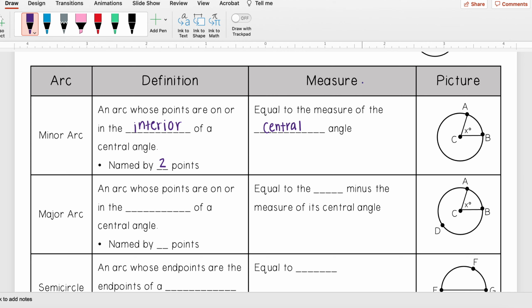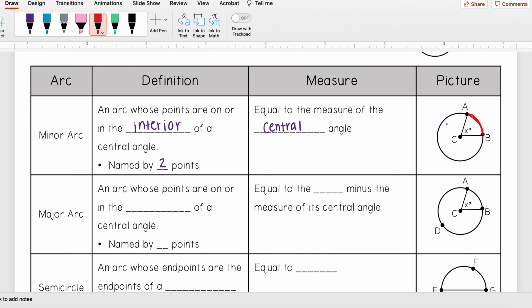So looking at this picture here, I see that my minor arc is going to be AB. And that's because it's on the inside of this central angle. So I have my central angle ACB, and I see it's the points that make up that angle. It's on the interior of it.